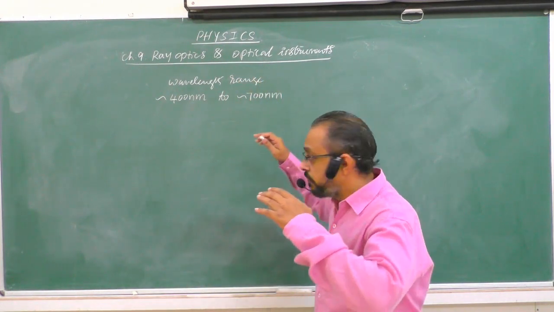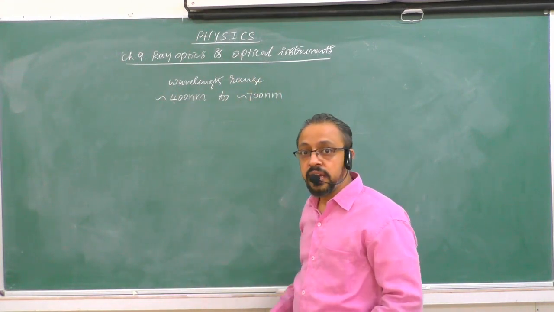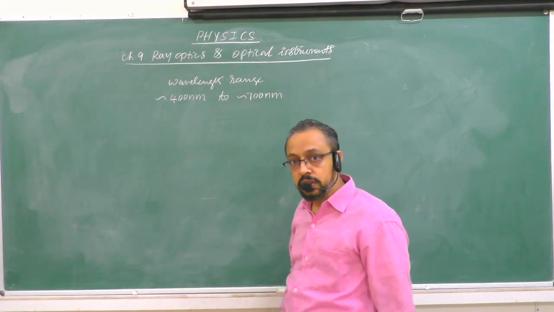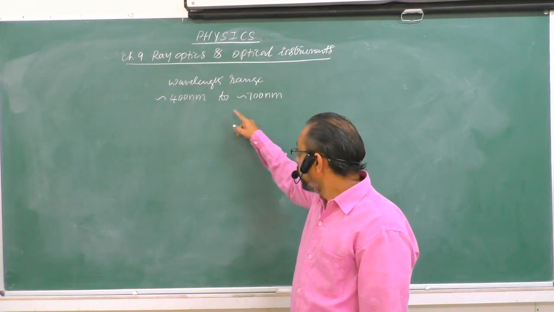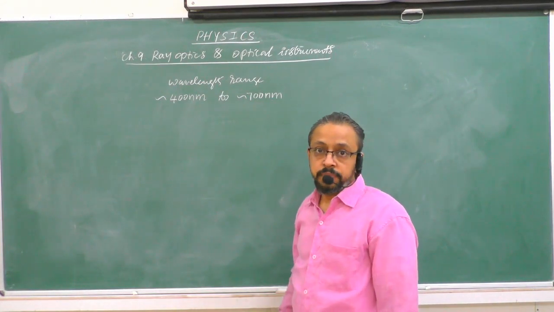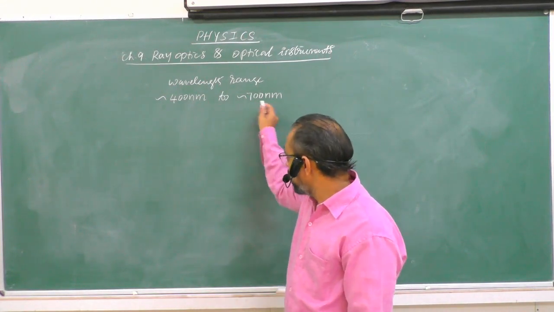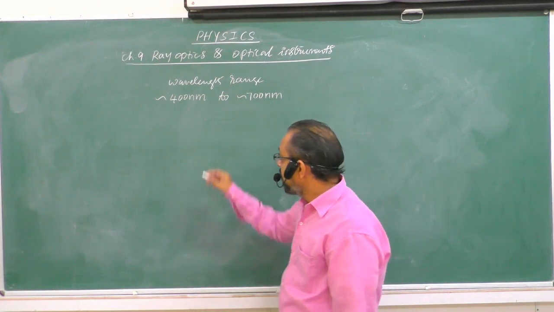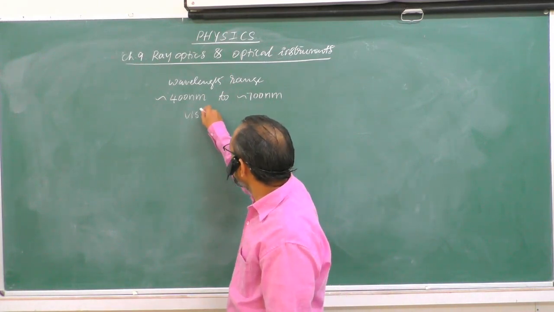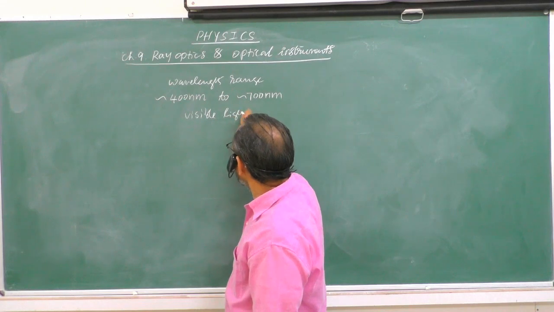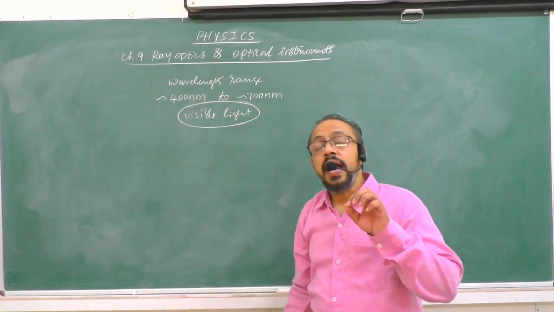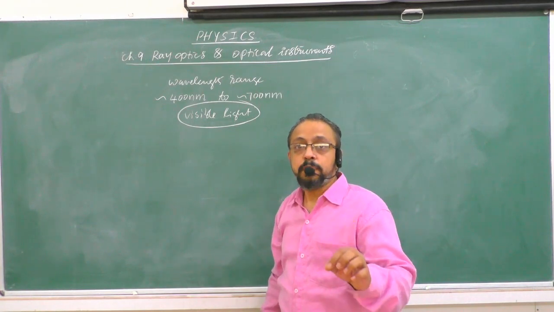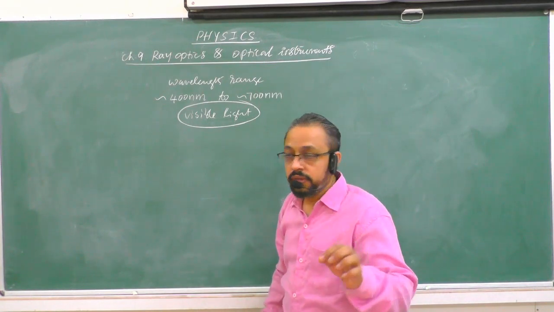So the wavelengths of the middle portion of the electromagnetic spectrum are roughly 400 nanometer to 700 nanometer. This portion of the electromagnetic spectrum is called visible light. And in this chapter, we deal only with this range.